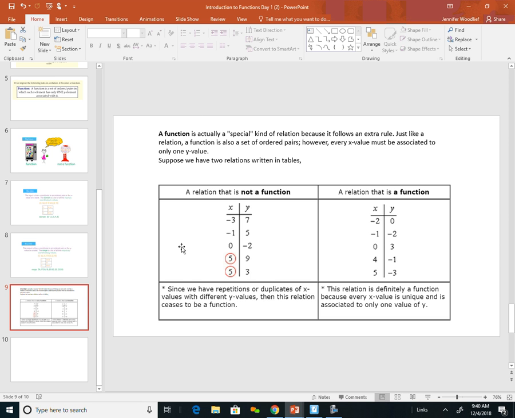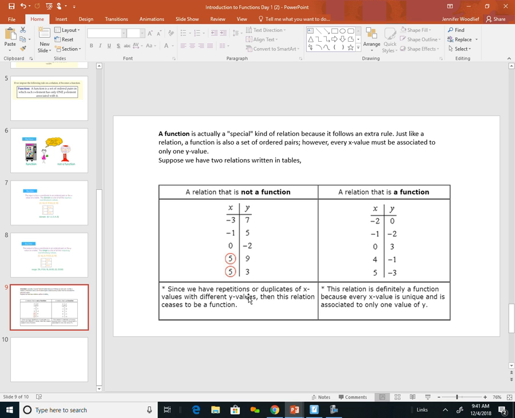Now, let's look here at these two tables. Okay, so a relation says that x cannot go to two different y's. So -3 goes to 7. -1 goes to 5. 0 goes to -2. We have a 5 that goes to 9, and we have a 5 that goes to a 3.